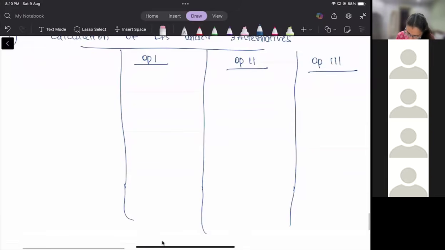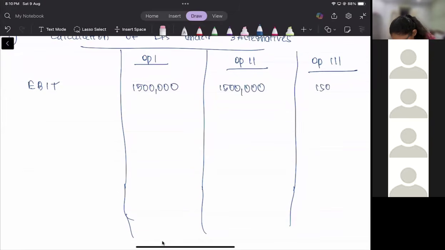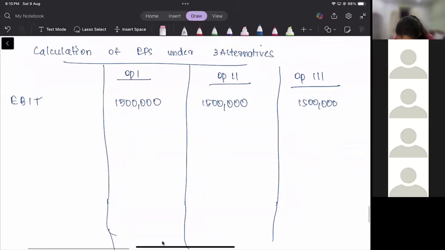So from where we can start? We can start from EBIT because that is given in the question. EBIT is 15 lakh. Near option 1, you can even mention if it is equity or debt, so there is no confusion. Yes.